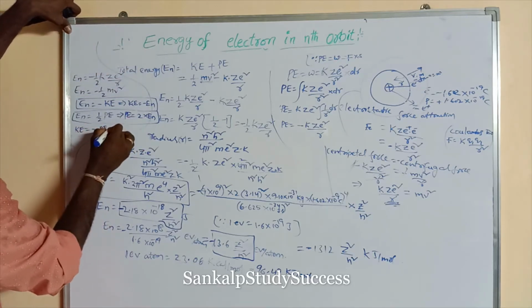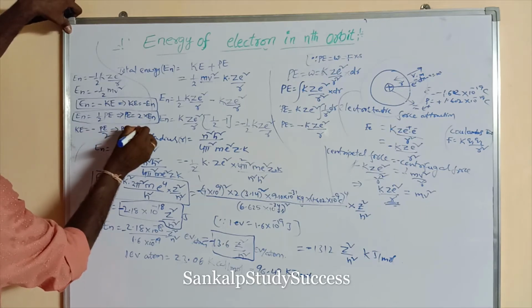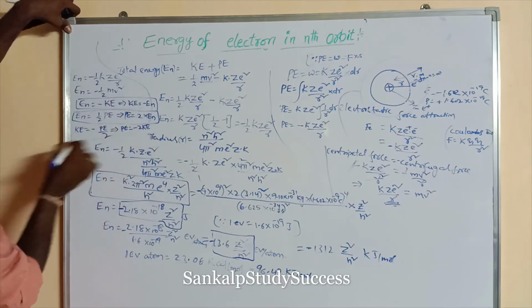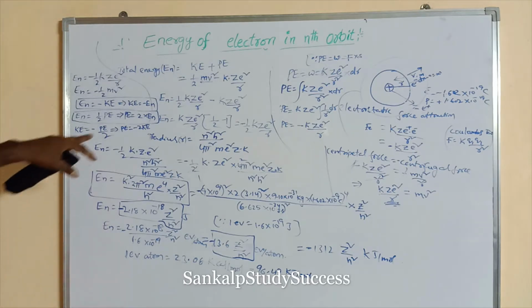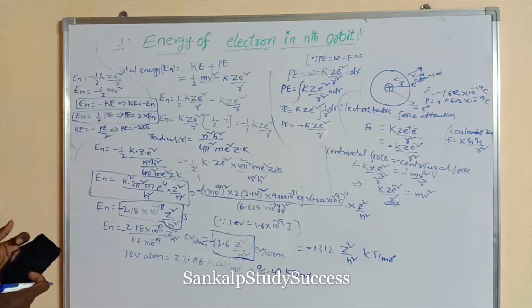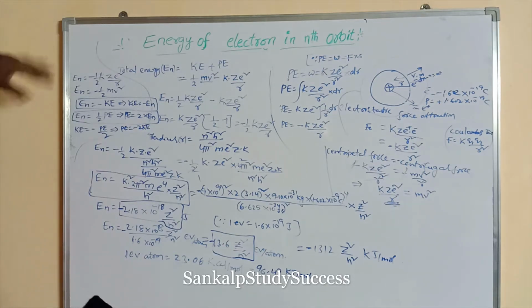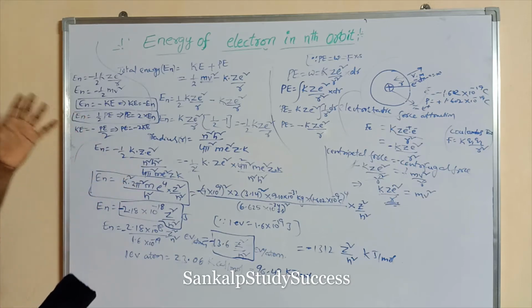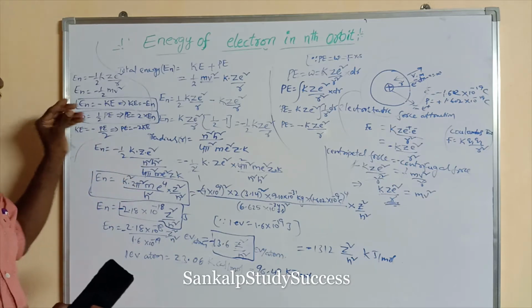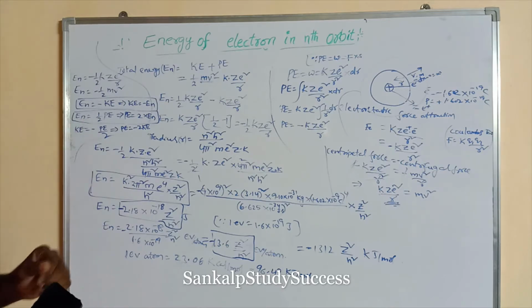So therefore, potential energy PE is equal to minus 2 into kinetic energy. So these are the relations between total energy of the electron in the nth orbit and potential energy, total energy and kinetic energy, and potential energy and kinetic energy.